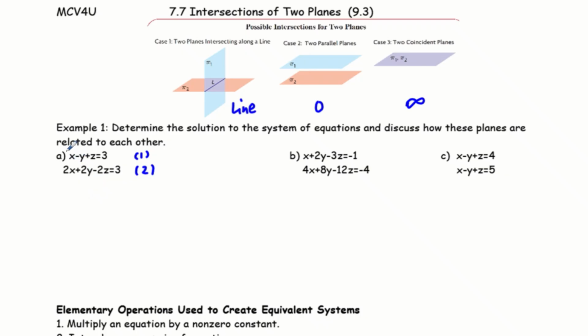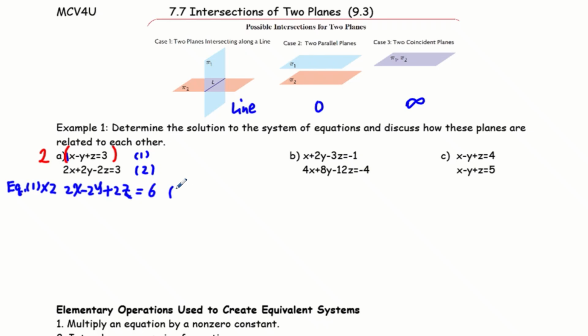We want to get rid of one variable, so we want to multiply the first equation by 2, each term in the first equation by 2, then see what we are going to have. Equation 1 times 2, then we have 2x minus 2y plus 2z equals 3 times 2 is 6.